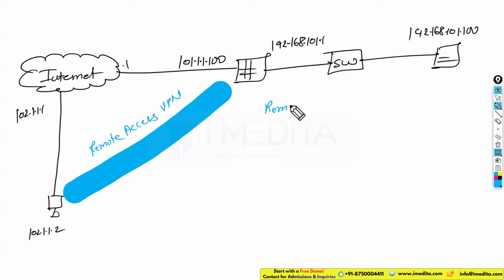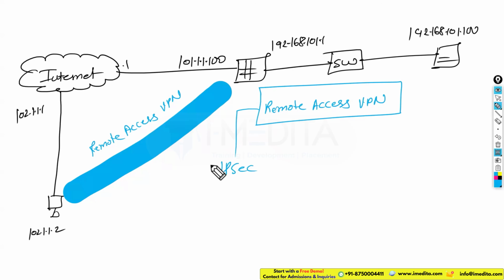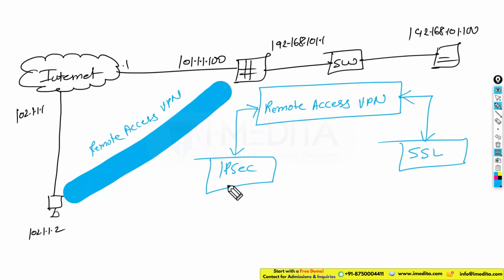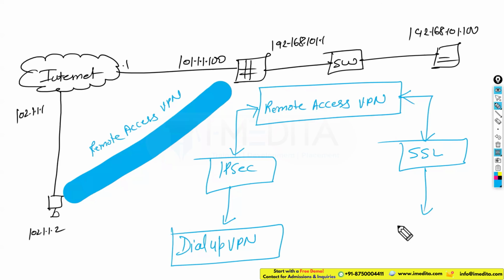This remote access VPN can be configured using two protocols: via IPsec or via SSL. When we deploy it via IPsec, it is called dial-up VPN. And when we configure it via SSL, it is called SSL VPN. So SSL VPN is actually a remote access VPN, and dial-up VPN is also a remote access VPN.